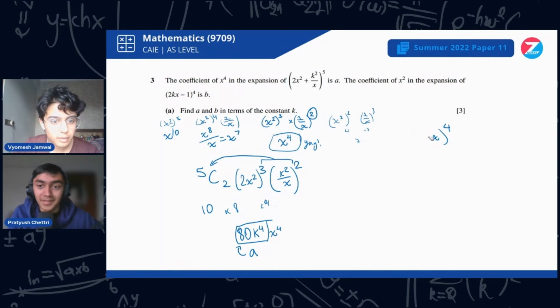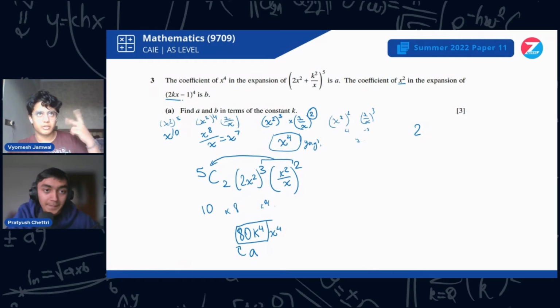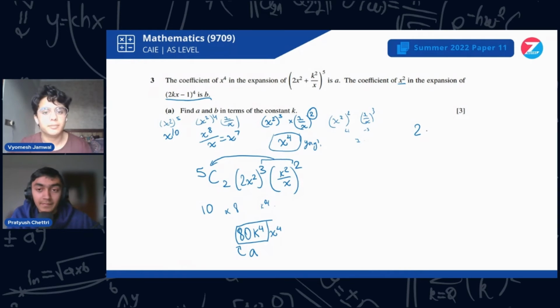Wait, oh, right, I didn't read the question. I was thinking x to the power 4 in both. Pro tip, guys, read the question. It says x to the power 2, so it's just 4, 3, 2, the third term.